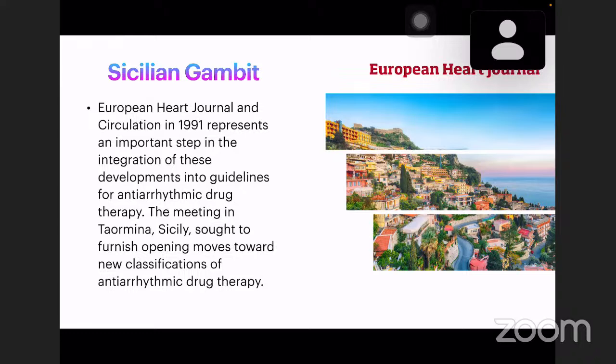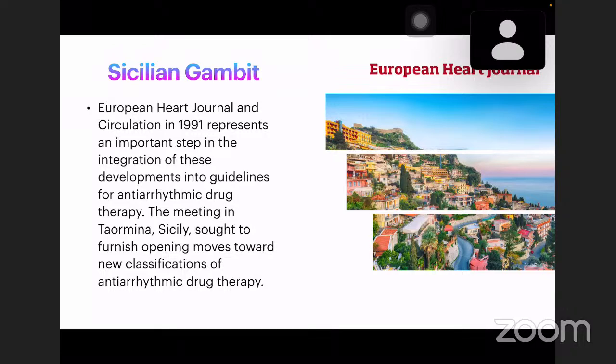They wanted to know everything about the antiarrhythmic drugs, and they called it the Sicilian Gambit, named after the Queen's Gambit in chess. They wanted to negate all the harmful effects and all the arrhythmias occurring in the heart with this classification.